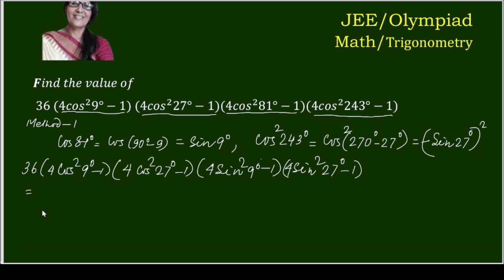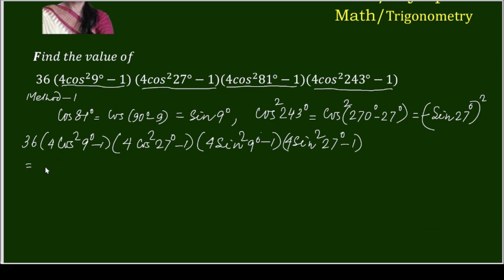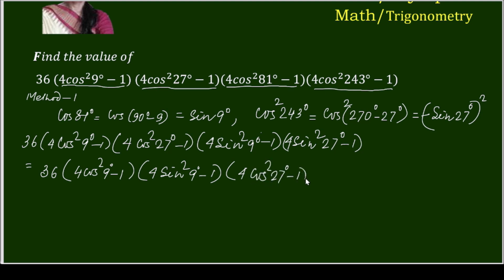In the next line, I'll group them together. One is 4 cos square 9 degree minus 1 into 4 sine square 9 degree minus 1. And here 4 cos square 27 degree minus 1, again multiplied by 4 sine square 27 degree minus 1. Then I'll multiply pairwise.